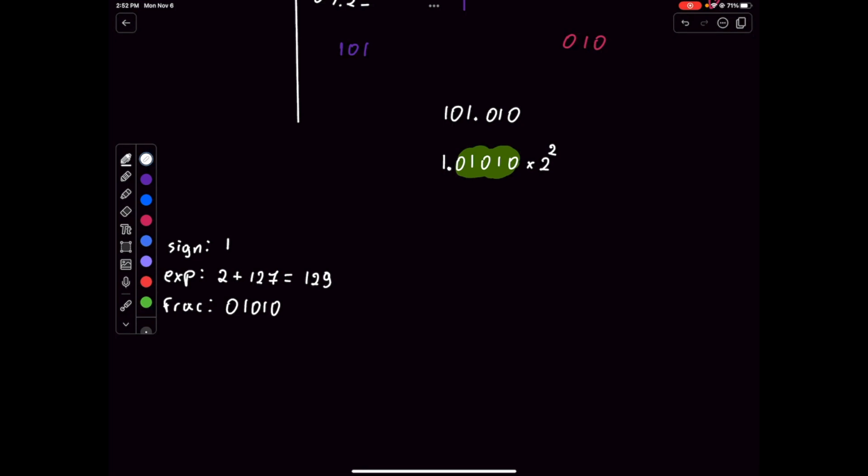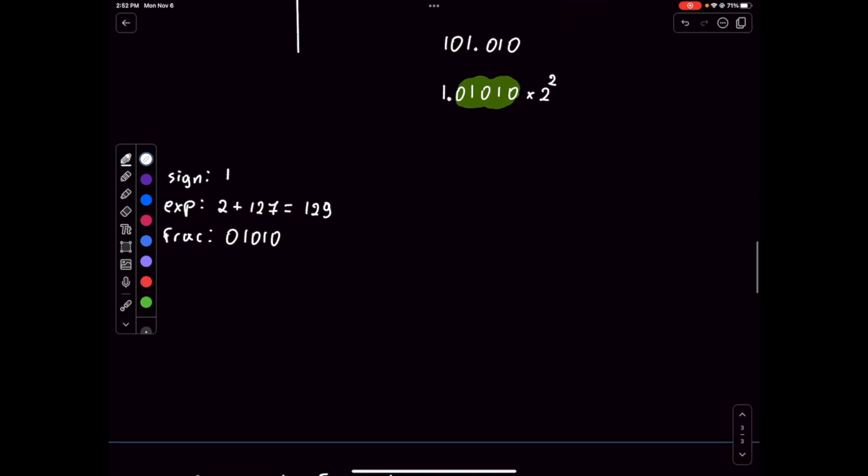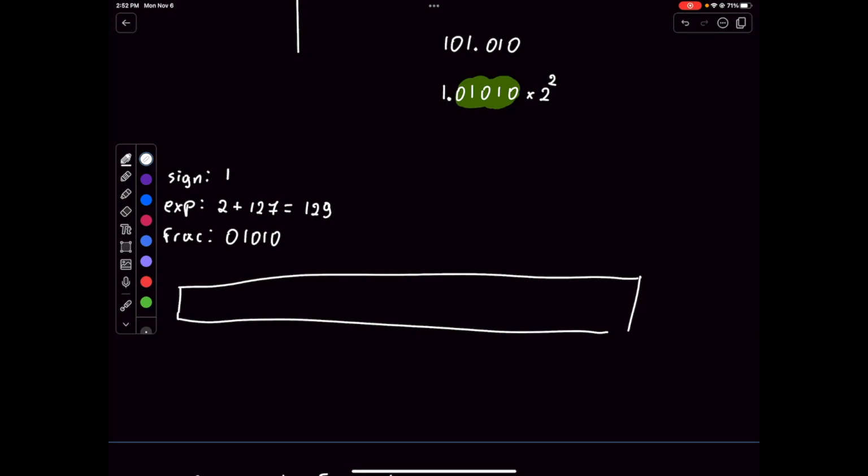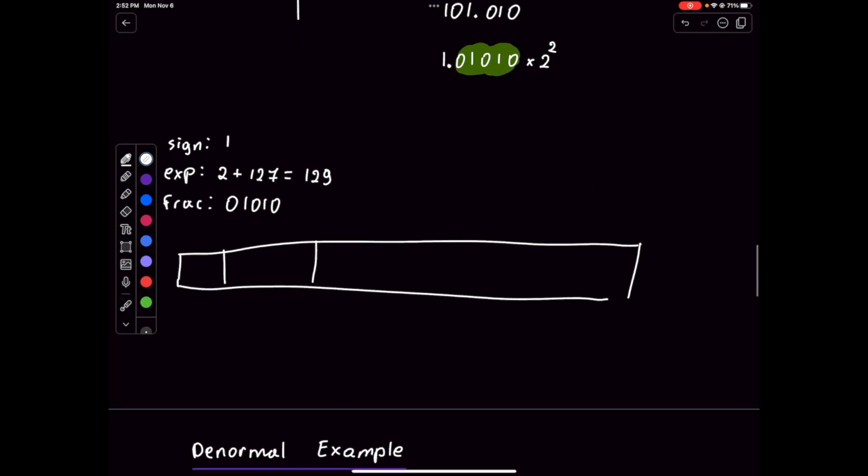That is our fraction. Now to represent it with the IEEE representation, for the floating point, single precision value representation, let's just have a small chart over here. So it's going to be the sign. This is going to be the exponent, and the rest will be the mantissa, or the fraction.